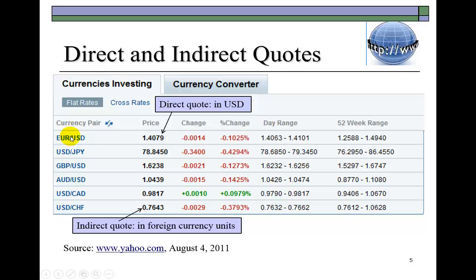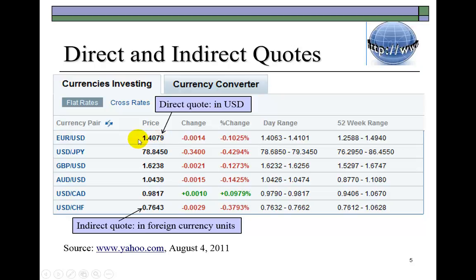Now, this forward slash that you see here, in some financial press, you may actually see shown as a dash or as a colon. So it goes by any of those three arguments: forward slash, colon, and dash. The other thing that you need to know as you go through this table is, again, the currency on the right side determines the quotation unit.